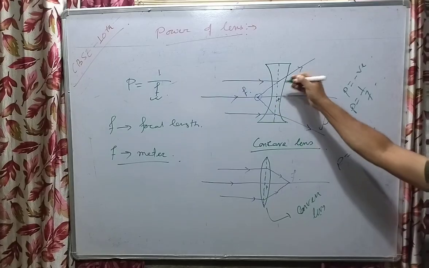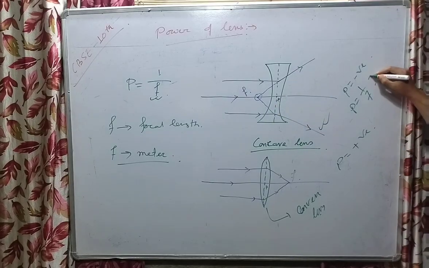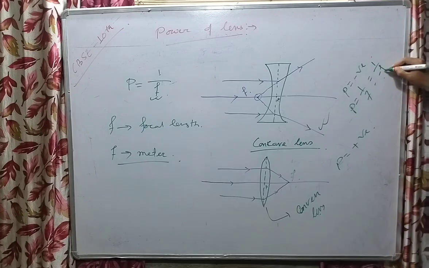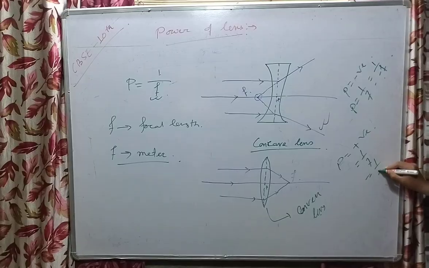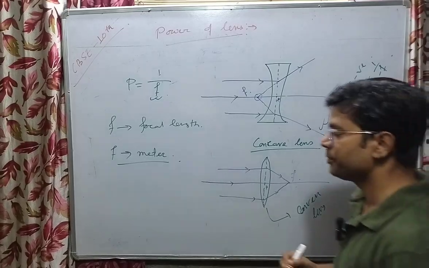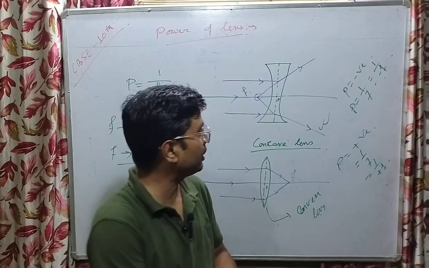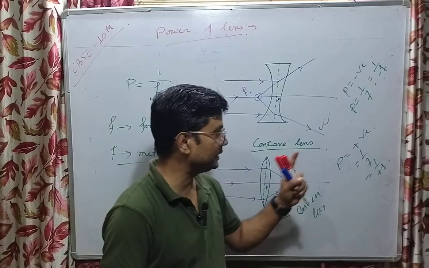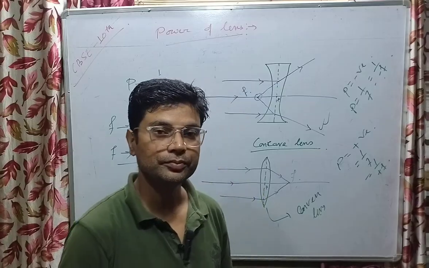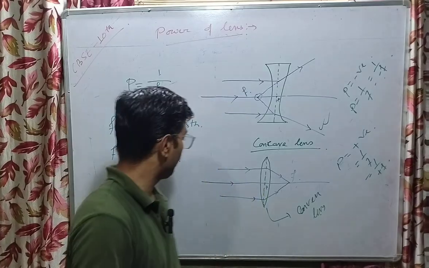Focal length of concave lens is negative, so it is 1 by minus f, and focal length of convex lens is positive, so it is 1 by plus f. That is why power of concave lens is negative and power of convex lens is positive. Right, clear that?